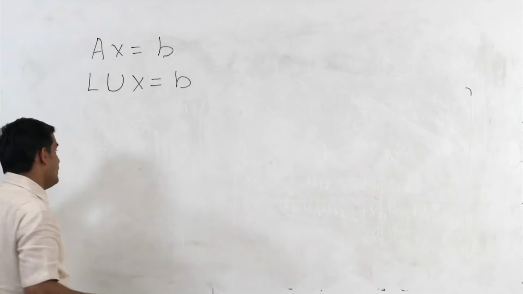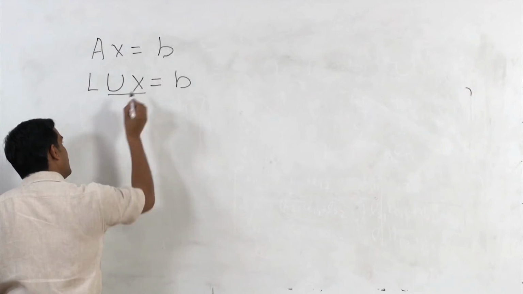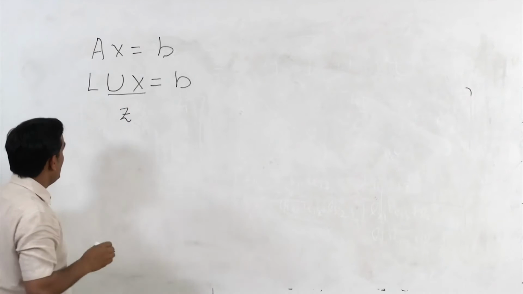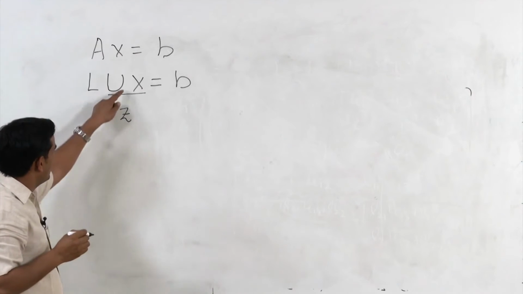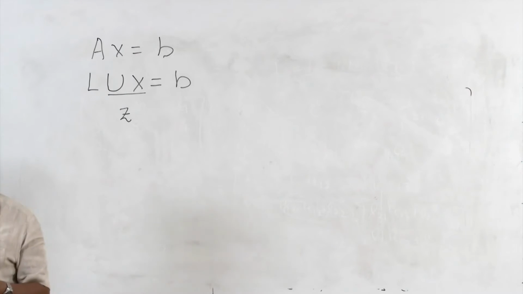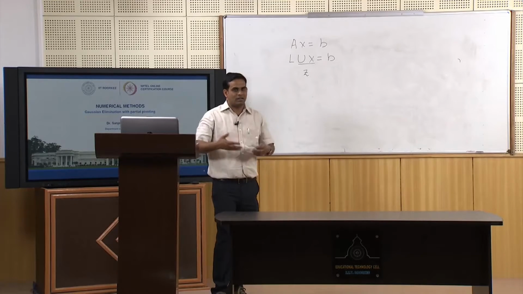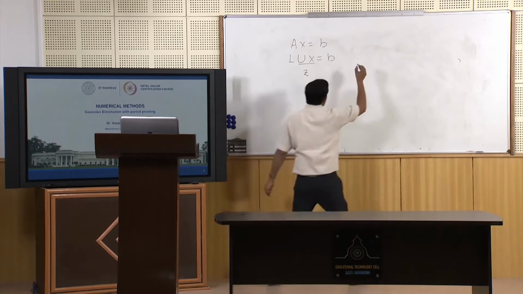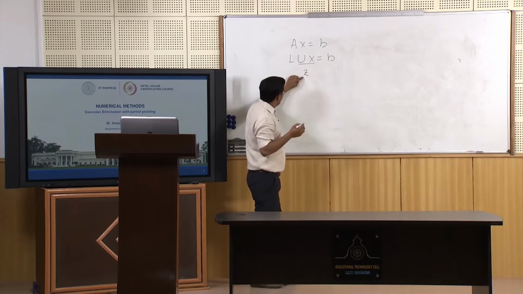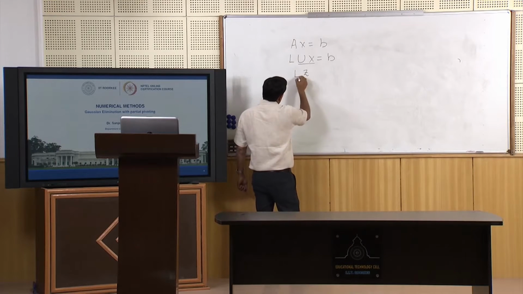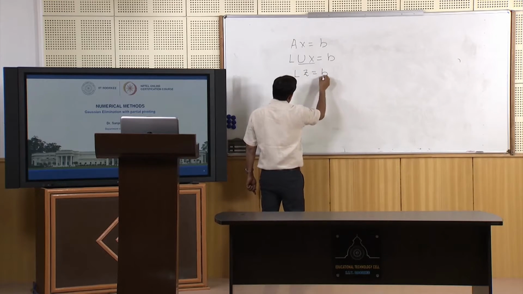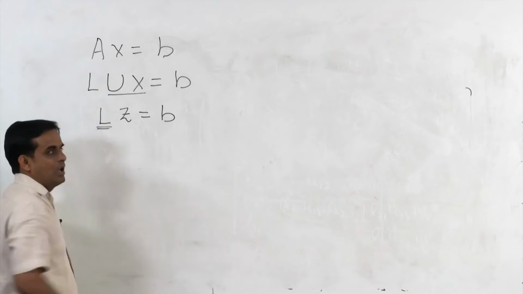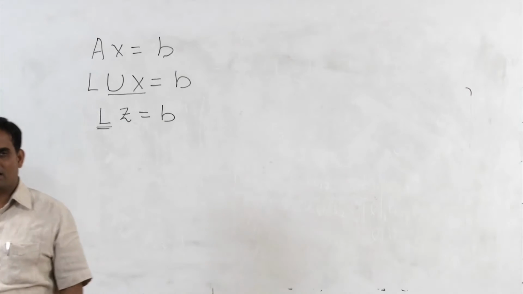Now, what I will do? Let us assume that Ux equals z. So, what will I have? Ux will be a column vector, so let us say it is z1, z2, zn. So, Ux equals z, and if I substitute Ux equals z, the original system will become Lz equals b. Here you can note that L is a lower triangular matrix.